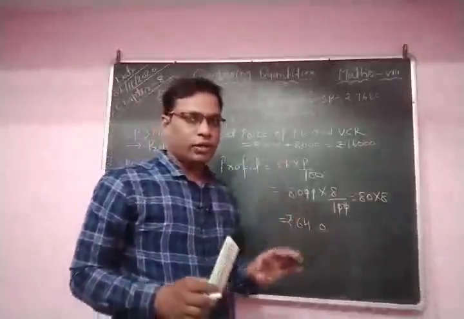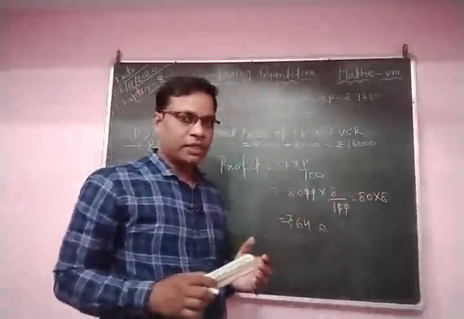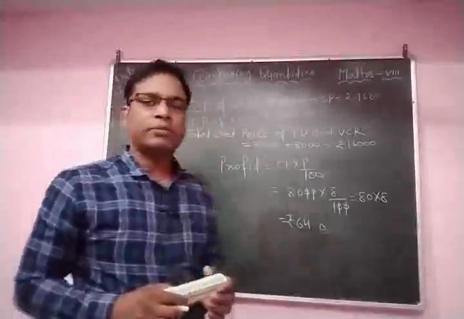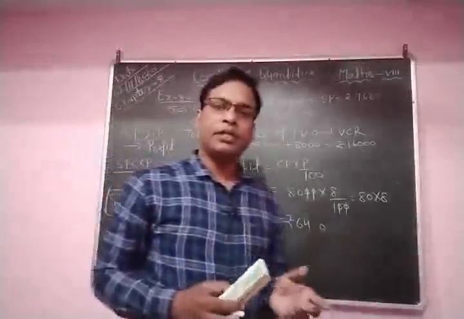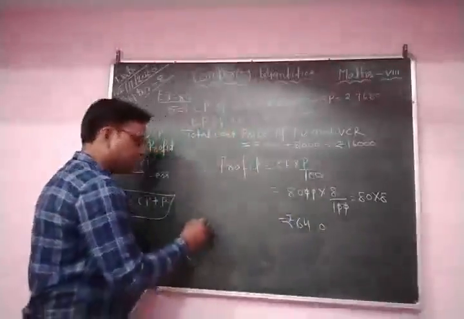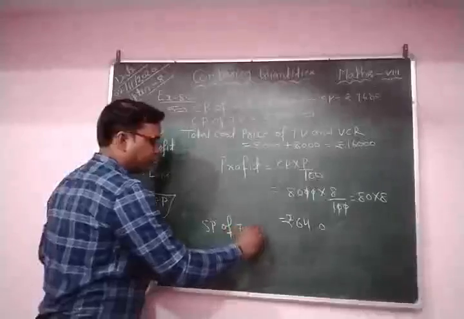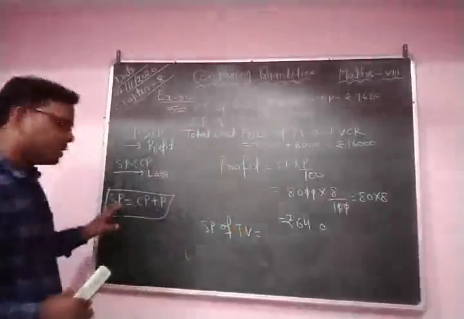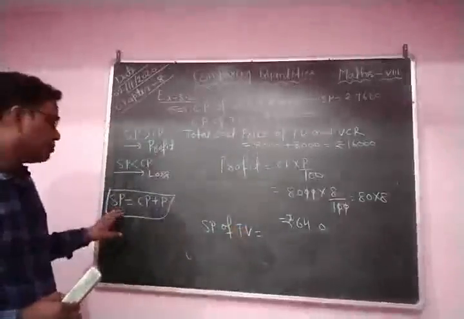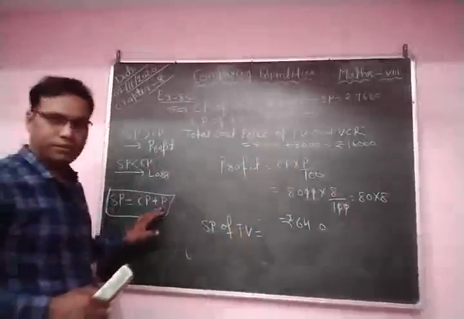Okay. So we can find the selling price of TV. Selling price of TV means SP of TV. This is equal to, you know very well, SP is equal to CP plus profit.